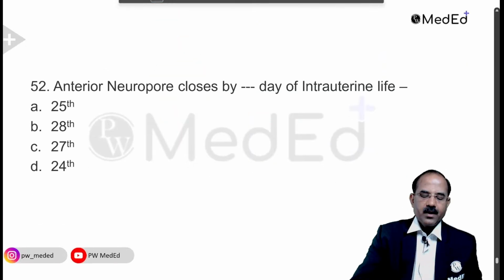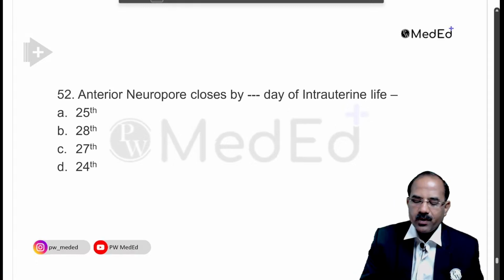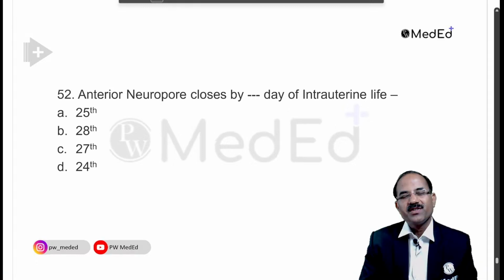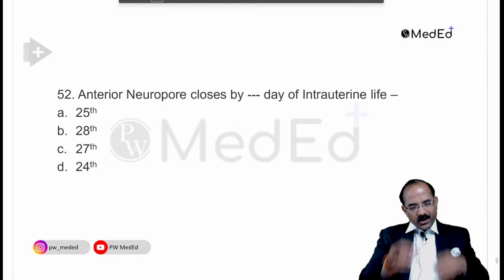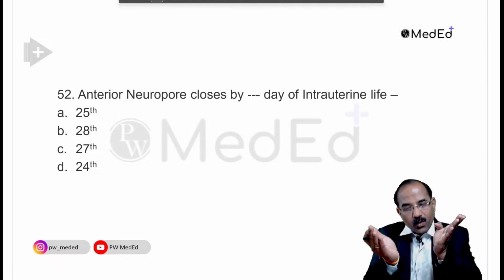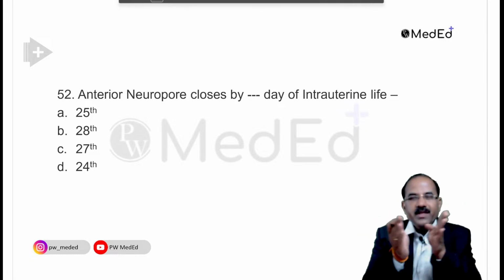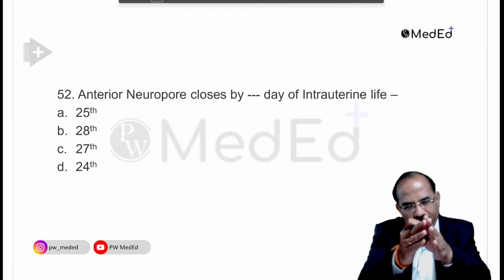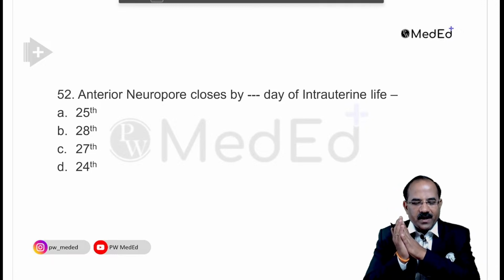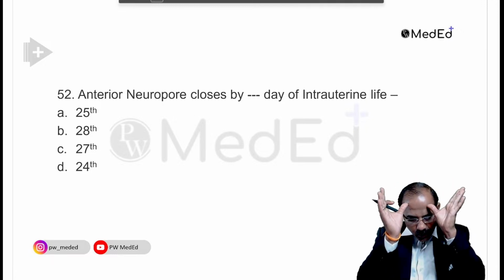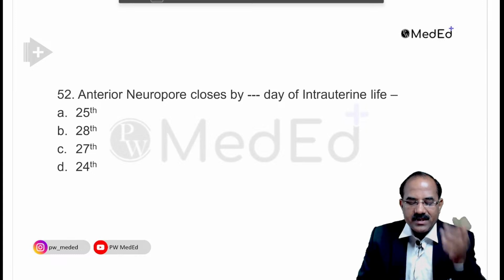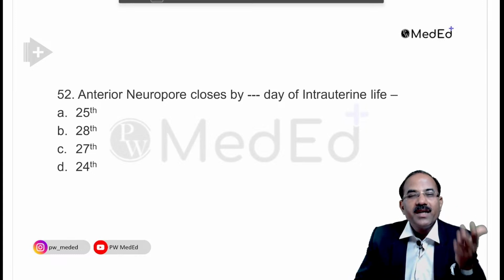Number 52. The anterior neuropore closes by, yes students, what is the answer for this? When the neural tube is being formed, it is open and then it starts to close. It closes in the cervical region, slowly in front and slowly behind. The anterior end is still open. What do you call this, anterior neuropore or the cranial neuropore?